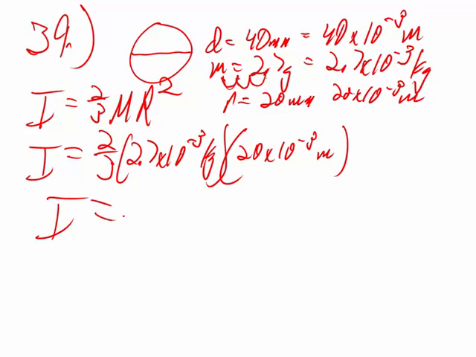So what do we get? 2/3 times 2.7 times 10 to the -3 times 20 times 10 to the -3, squared.